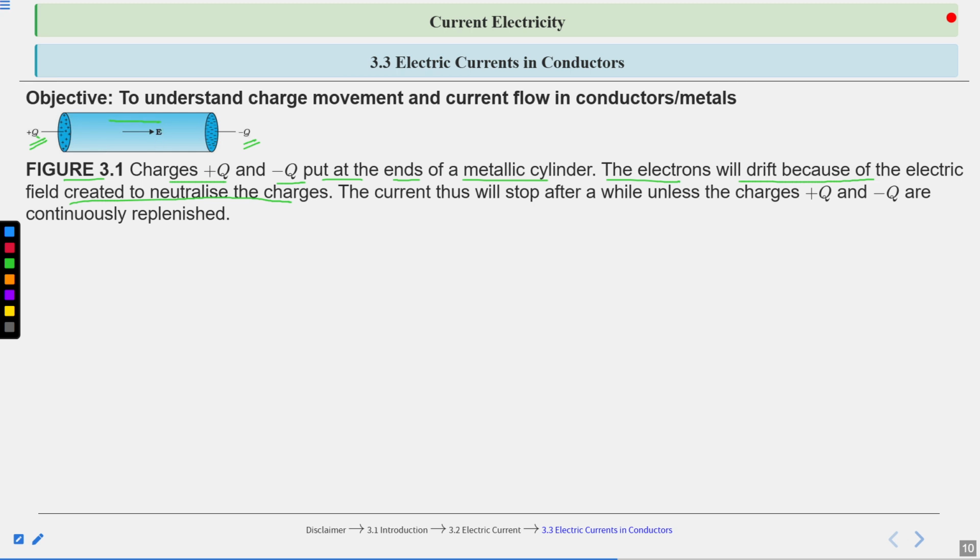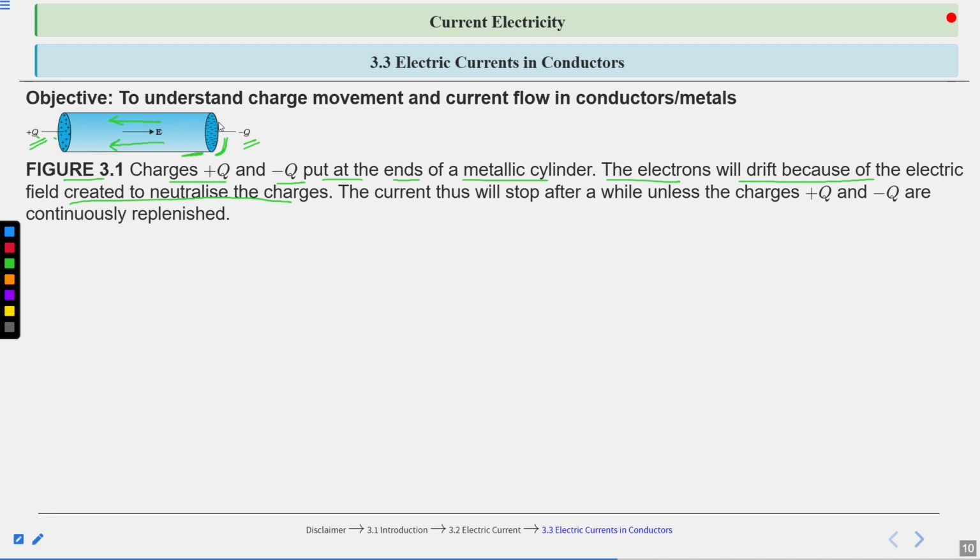So electrons will start moving in the opposite direction of the electric field. These electrons will combine with the positive charges and neutralize them. Also, due to the movement of electrons in this direction, there is an accumulation of positive charge in this section, which will neutralize the negative charge.